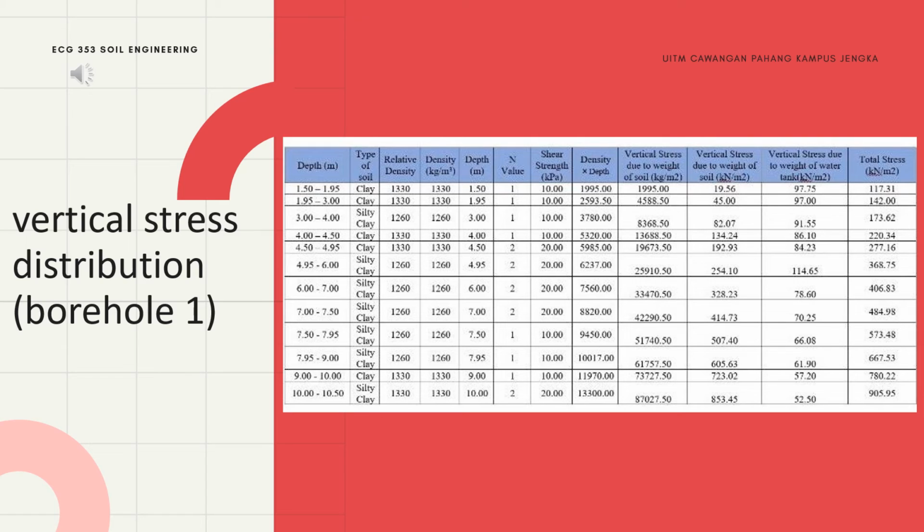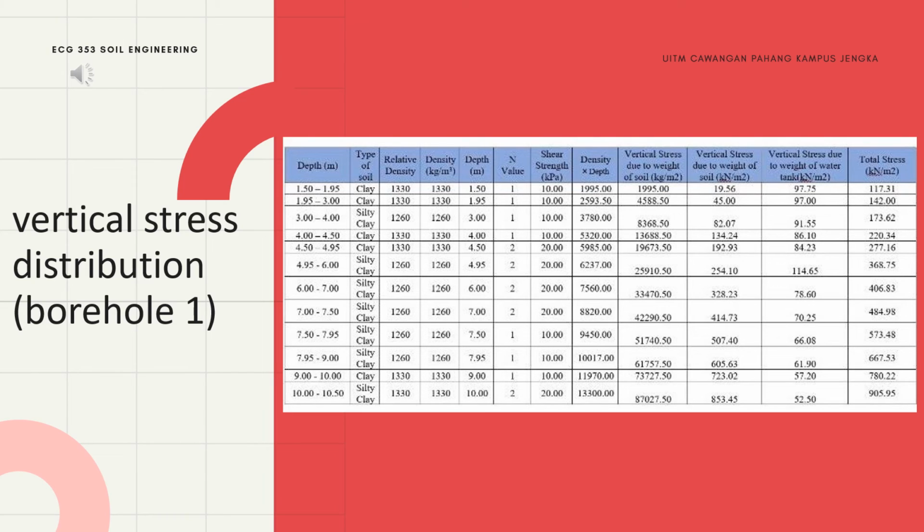Then we need to determine the density based on the type of soil, which is 1330 kilogram per meter cube for clay, and 1260 kilogram per meter cube for silty clay.